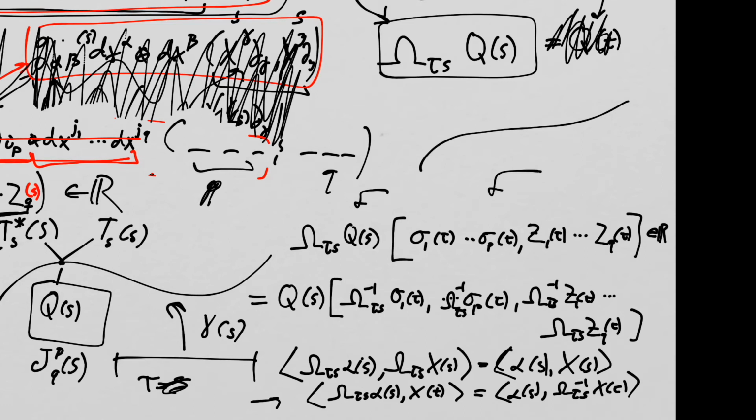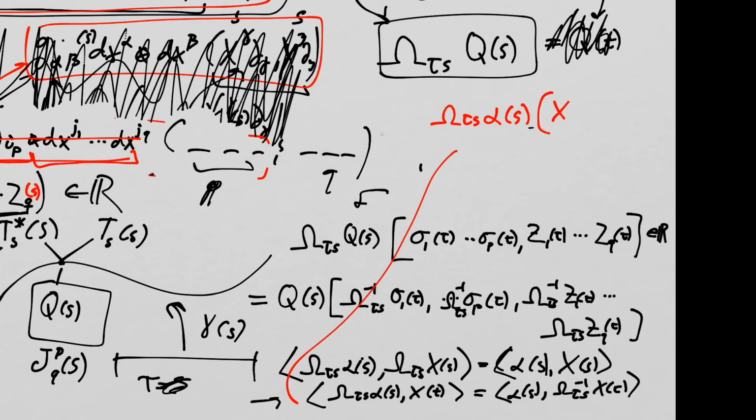And this second one is essentially, I'm running out of room, so I'll lead your eye in red, and I'll write it up here. It's essentially omega Ts alpha of S, which is a covector at T operating on X of T, right?